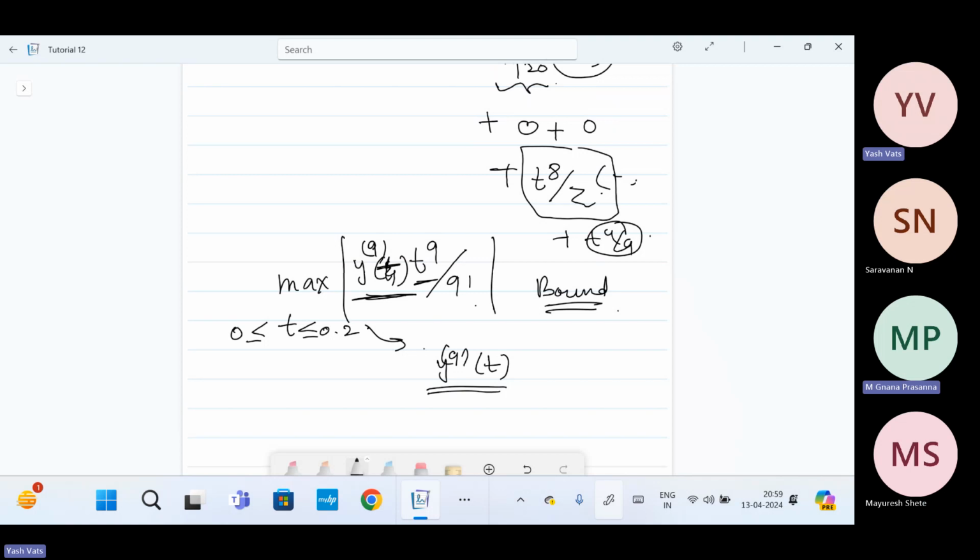Can you calculate the 9th derivative of phi? What is the 9th derivative of phi?